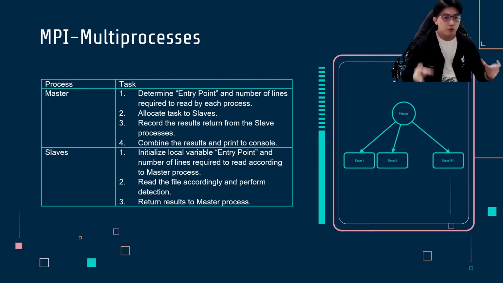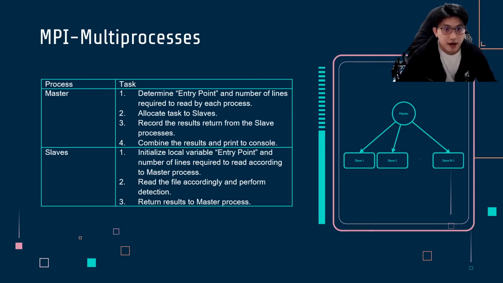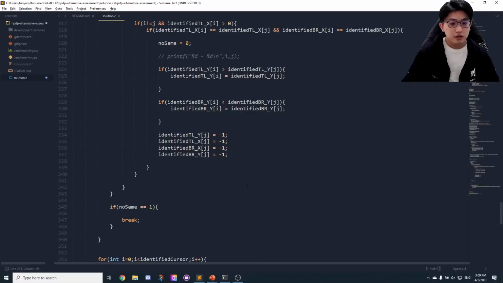The master will determine the entry point and number of lines required to be read by each process and allocate these tasks to the slaves. The master process will record the results returned from the slave processes and eventually combine them and print to console. Whereby each slave will initialize local variables for the entry point and number of lines allocated by the master process, read the file accordingly, perform the rectangle detection and return the results to the master process. Alright, so let's take a look at the code itself.